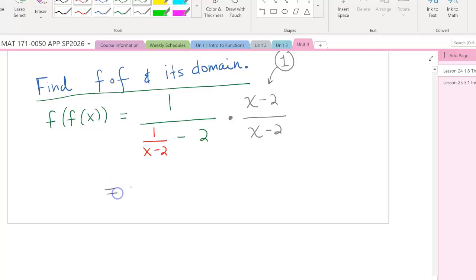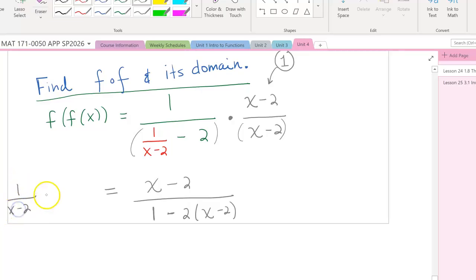So on the top, you would have 1 times x minus 2, which would just give you x minus 2. On the bottom, we're going to take this and multiply it by both of these. Well, when we multiply x minus 2 by this, we would have x minus 2 over x minus 2, or just 1, minus 2 times x minus 2. So just to notate that on the side, this is how I got 1.